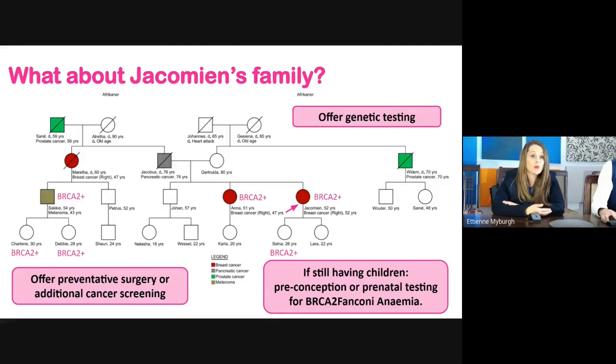So if the mom carries a faulty BRCA2 gene and the dad carries a faulty BRCA2 gene, then there's about a 25% chance to have a baby with Fanconi anemia. That is a very serious condition, and those children have a reduced lifespan. So it is important to know that. They also have an increased risk for cancers and other malformations. So it is important not just for the cancer risks, but also for the future generations.